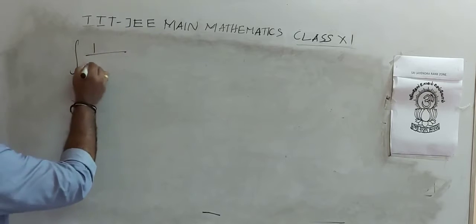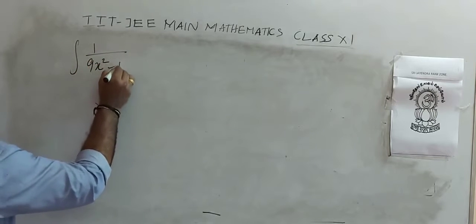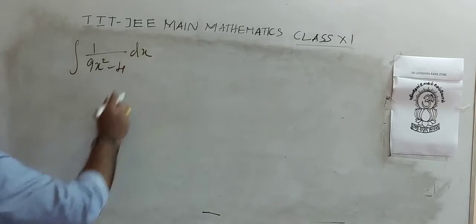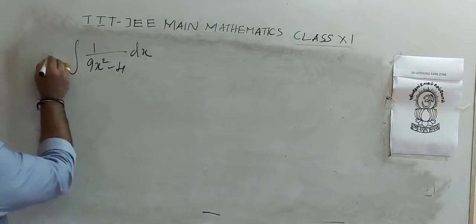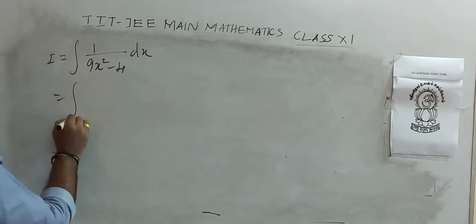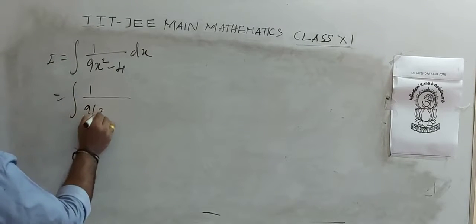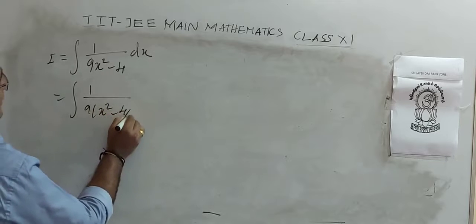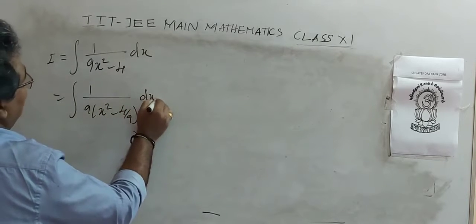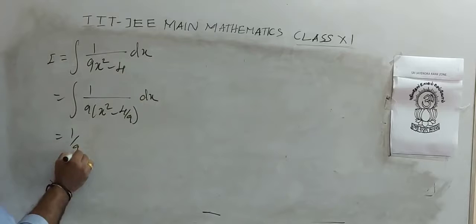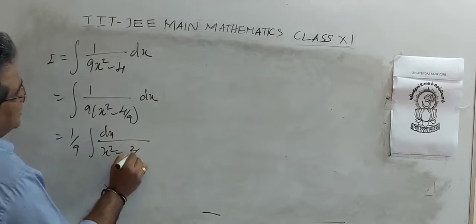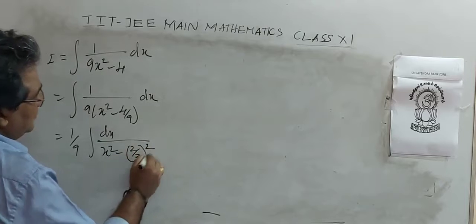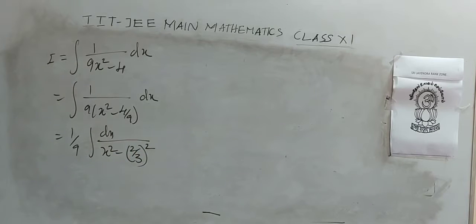Integral 1 by 9x squared minus 4 dx. So this is 1 by 9 into x squared minus 4 by 9, dx. That is 1 by 9 dx by x squared minus (2 by 3) whole squared.